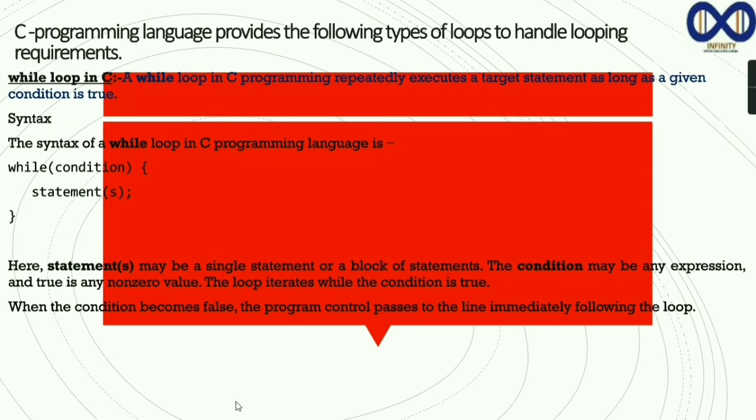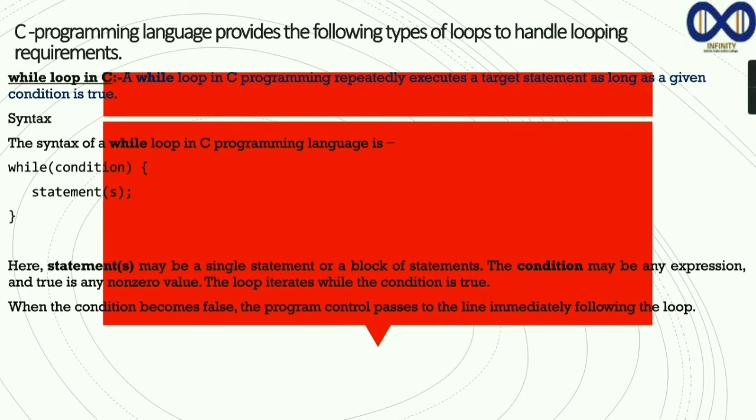So here, the C programming language provides the following types of loops to handle looping requirements. The while loop in C. A while loop in C programming repeatedly executes a target statement as long as a given condition is true. Here is the syntax.